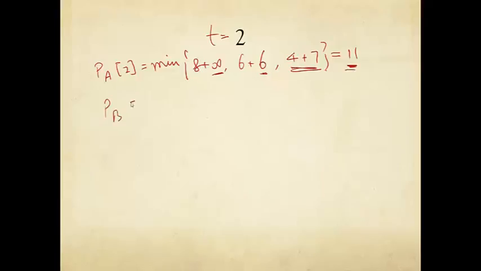Following similar calculation, PB now is 3, and PC now is 2. You can easily derive this yourself or see it in the textbook. What about PD? We're going to stop writing PD because PD is boring. D has only one outgoing neighbor, which turns out to be the destination itself, so it will always stay the same number, which is 7. So now it becomes 11, 3, 2, 7.